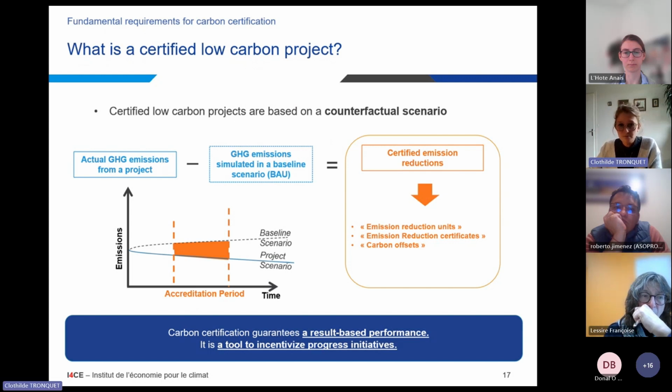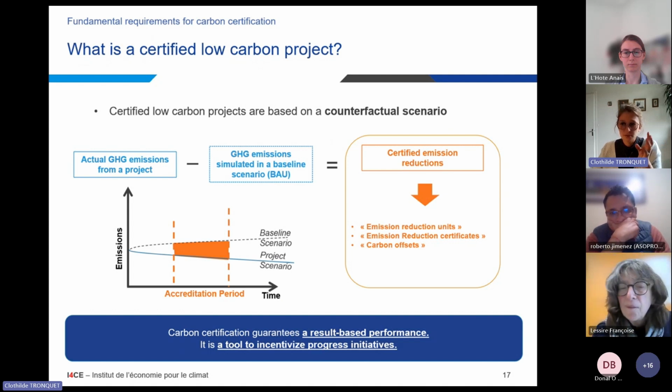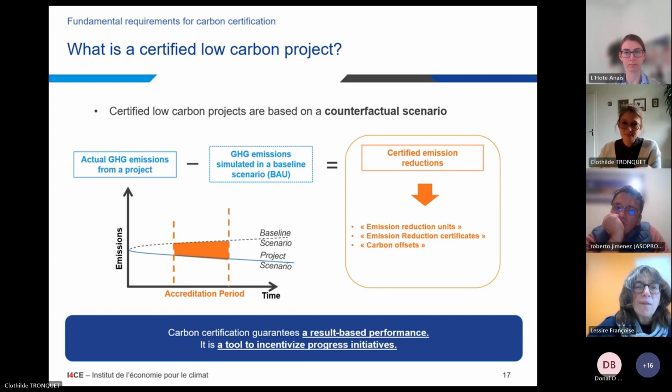And so the volume of credits that you're going to generate with carbon certification is really the difference between your baseline scenario, your business as usual trend, and what is happening with your project, with the notion that 1 ton of CO2 equivalent equals 1 carbon credit.